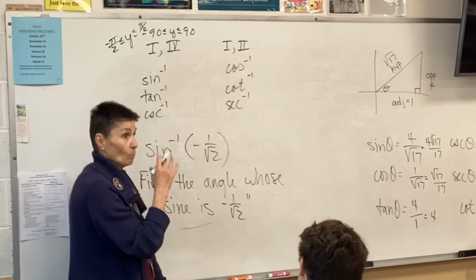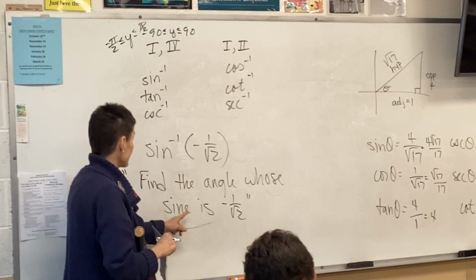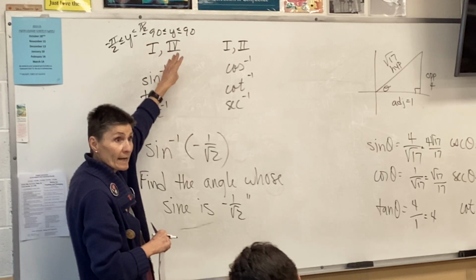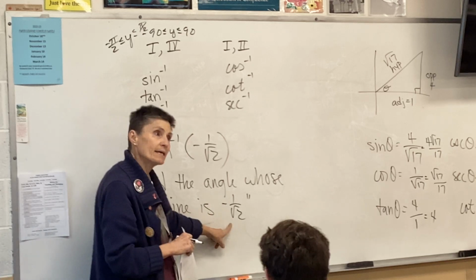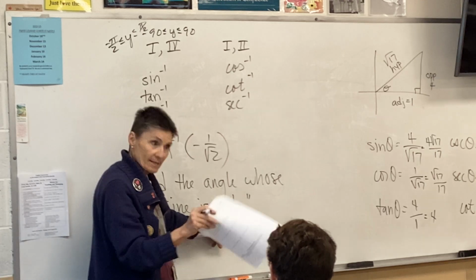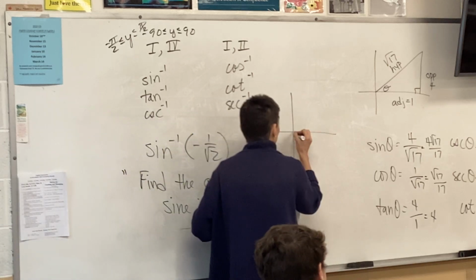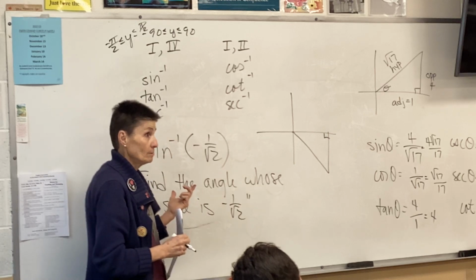And since it's an inverse sine, you look in quadrants 1 and 4. Since the sine is negative, it's not quadrant 1, so you look in quadrant 4. So here's your quadrant 4 triangle.